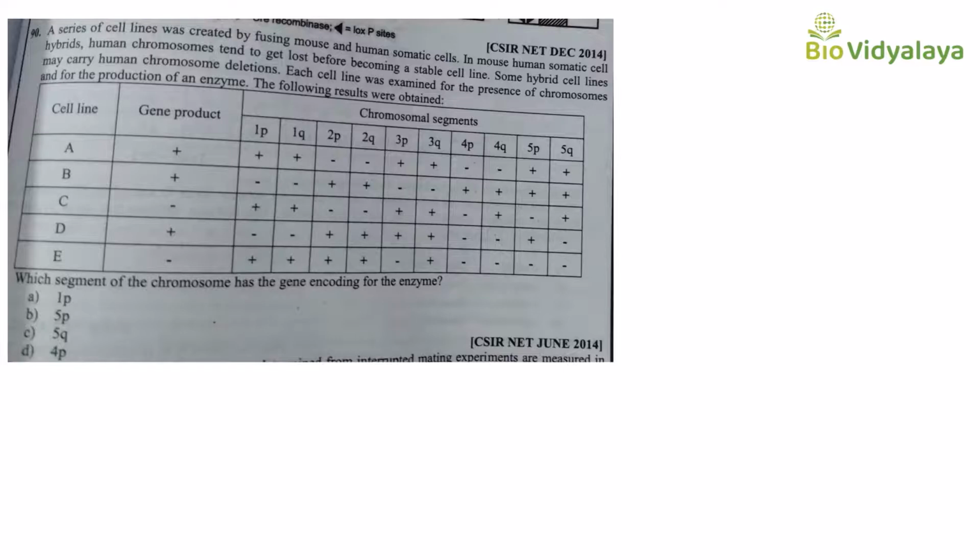This is just about what is somatic cell hybridization. So here, these are the results. Which segment of the chromosome has the gene encoding for the enzyme? So here we have to find which chromosome is coding for the enzyme.